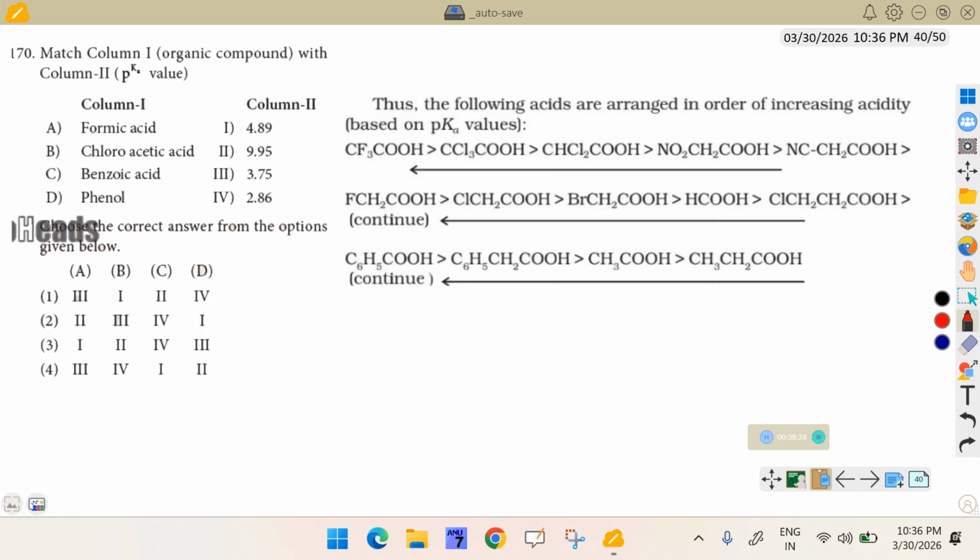pKa values of carboxylic acid and phenol. Carboxylic acids are more acidic than phenol.